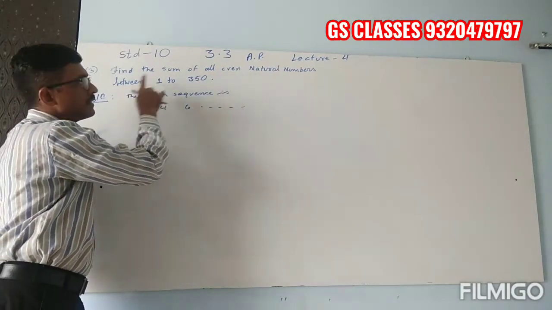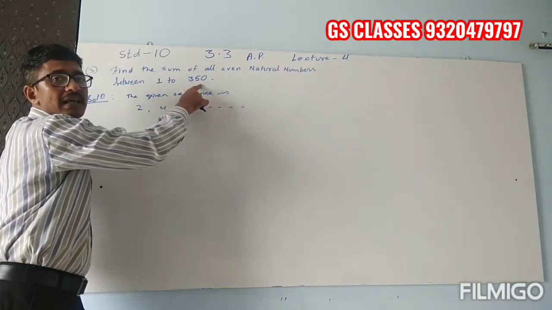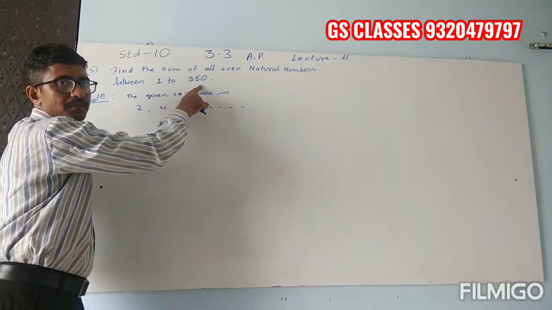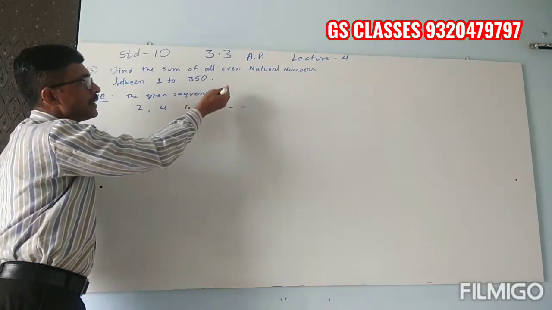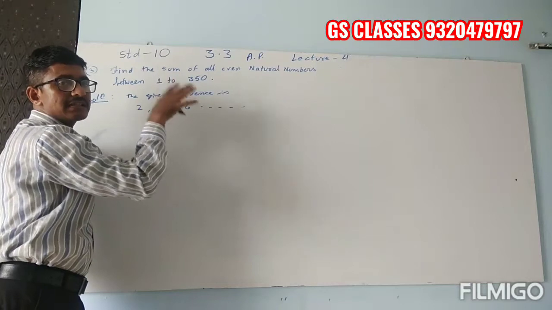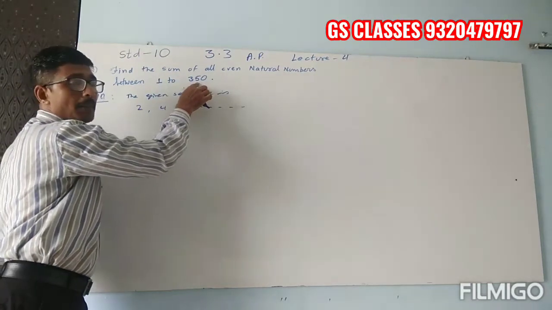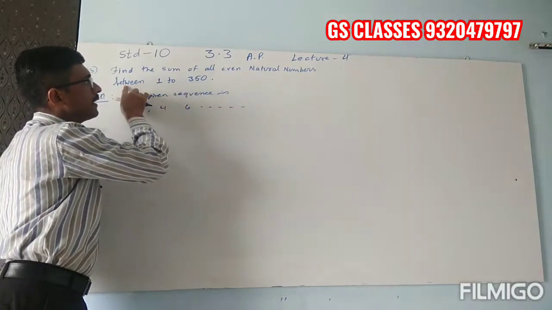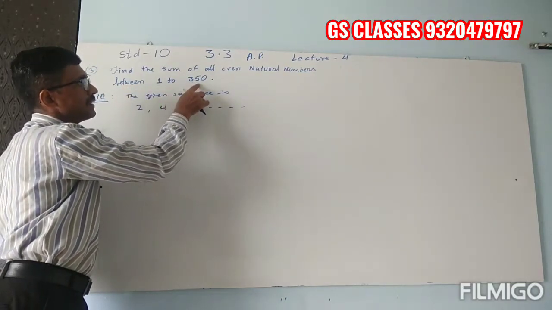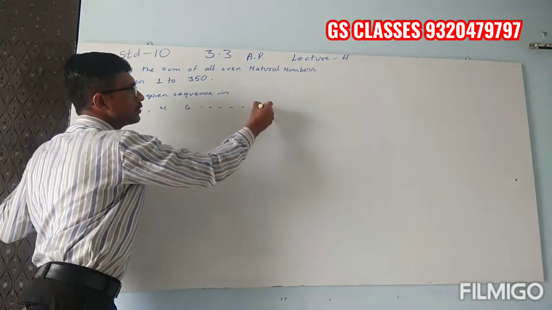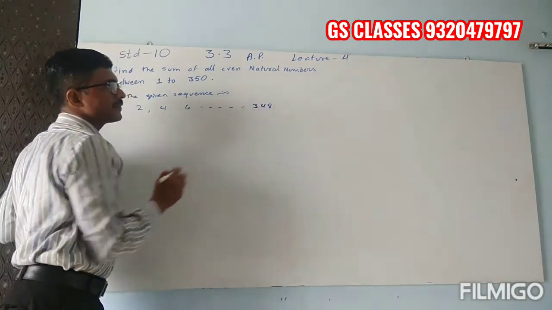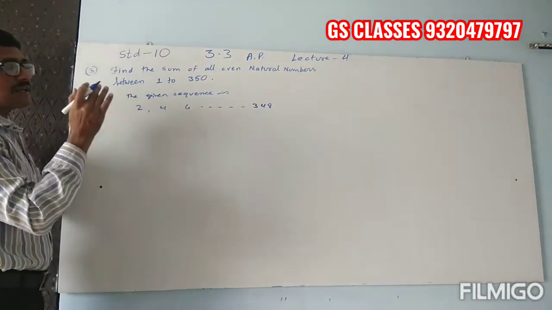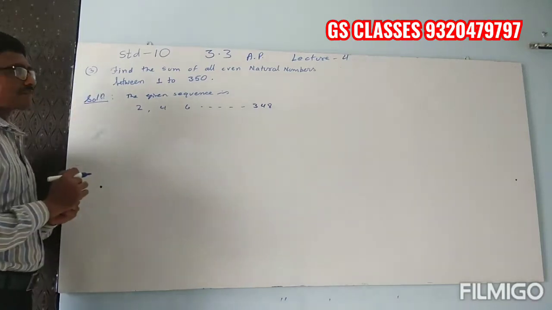Between means it has to be less than 350. Of course 350 is an even number, but you have to take between, something which is inside, not up to. Be very careful. Between 1 to 350. So last number is going to be 348 and not the 350, because they are asking only for the numbers which are in between.